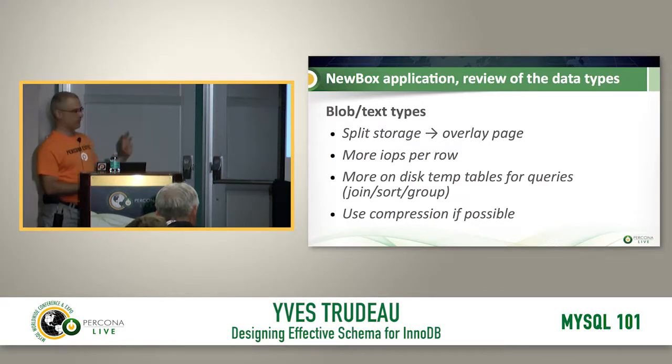So that means when you retrieve a row with a blob or text field, you have to retrieve the row and then go somewhere else to retrieve the remaining part of the blob, especially if you do select star. Even though you don't need the column, that's fairly expensive. Also, when you use a temporary table, the memory engine doesn't support blob or text. So it has to go to an on-disk temporary table, which has a higher cost.